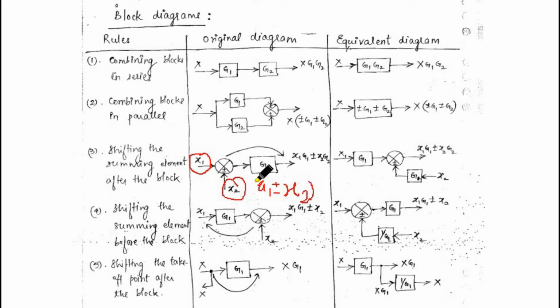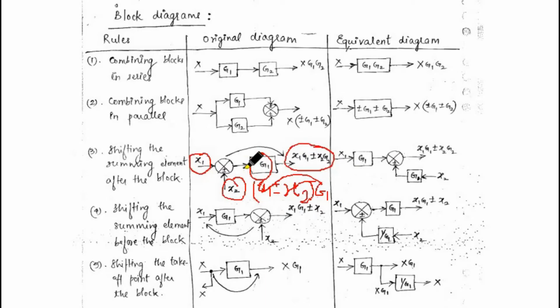This is your input signal, x1, and it is multiplied with G1. So the final signal will be x1 into G1 plus or minus x2 into G2. That is what I wrote here.